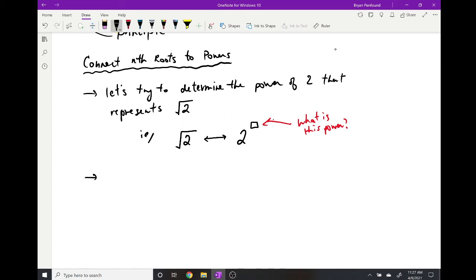We're curious whether it is possible to do this, and what that power is going to look like. Once he was able to frame the question, he said, let's just assume that we can do this and see what happens.